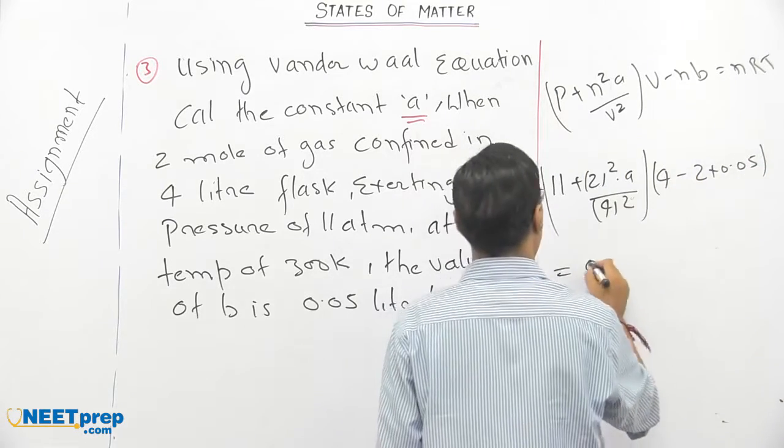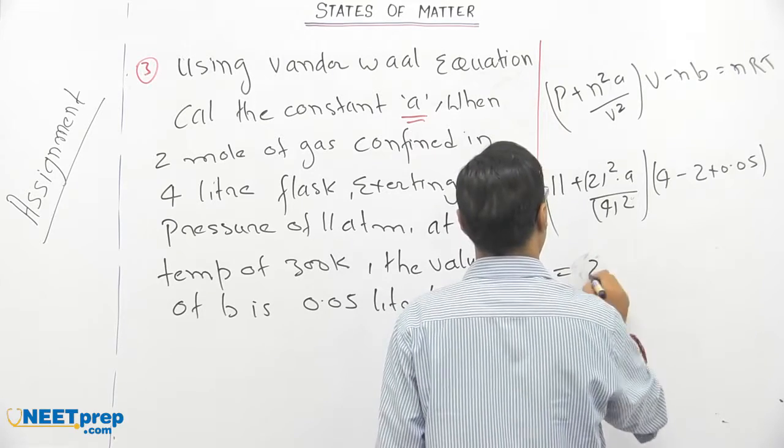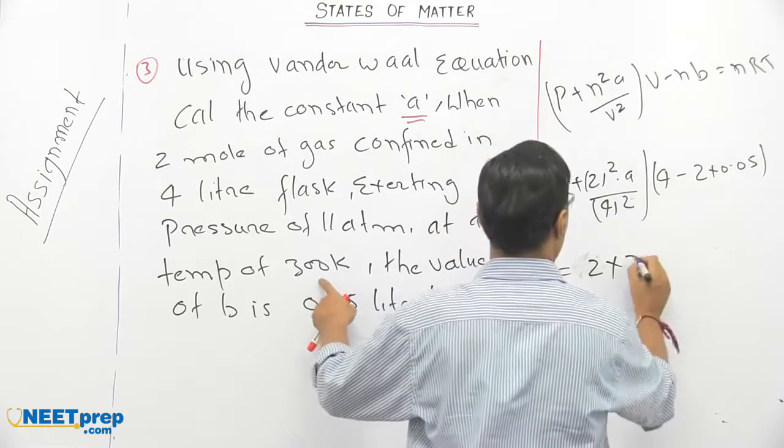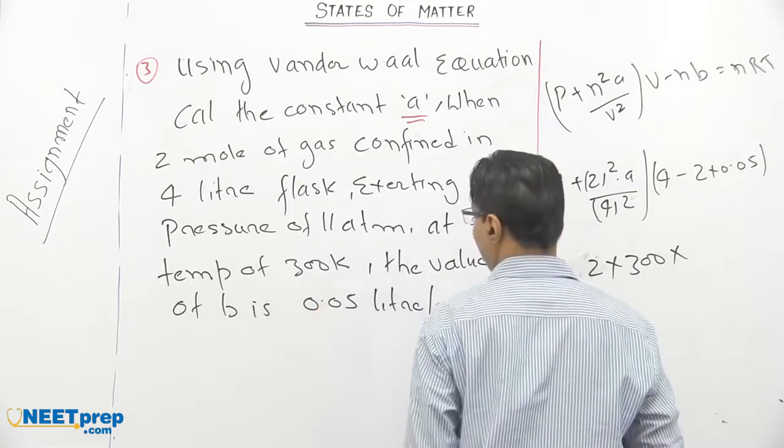is equal to 2 into, what is the T? 300. And what is the R?